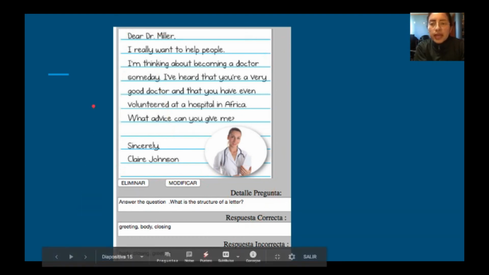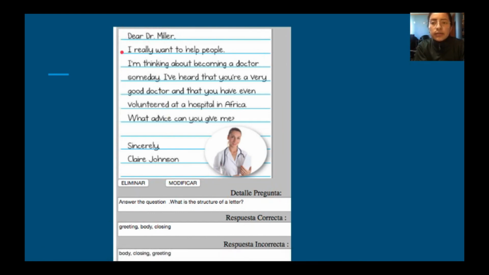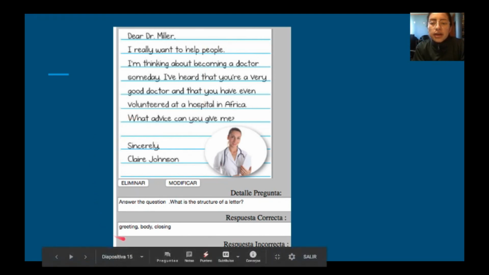Remember, in the letter you have to write first the greeting, saludo, the body, el cuerpo, el asunto, and the closing, the despedida. Excellent. For this reason, the correct answer is greeting, body, and closing.